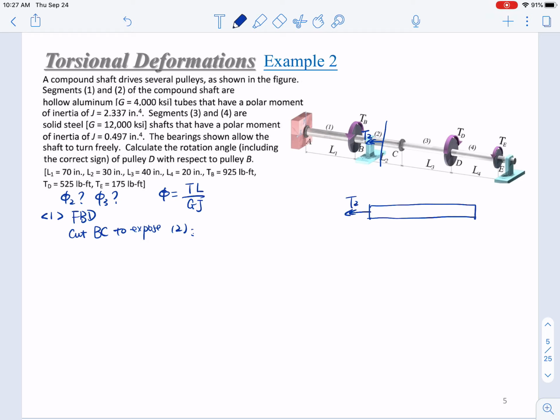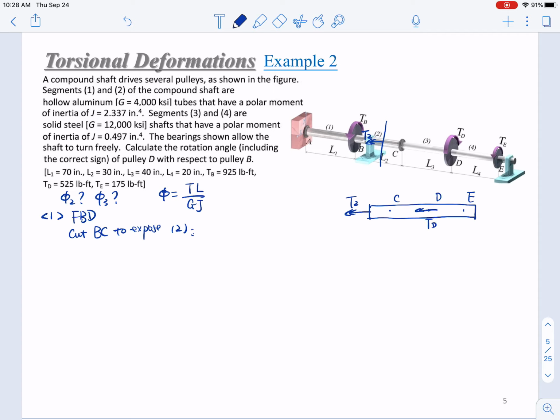Then at point C, you don't have anything. At point D, you have a TD. What is the direction? Use your right hand rule. Curl your 4 fingers according to the direction of TD, then the thumb will point in the direction of the double-headed arrow, so it will be pointing left.